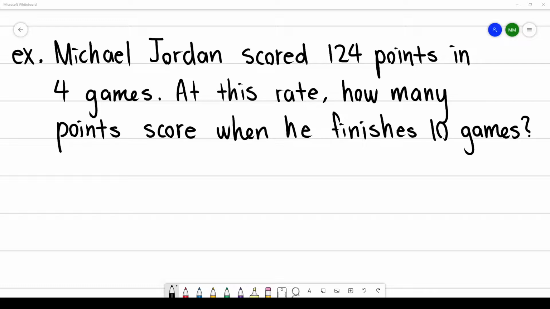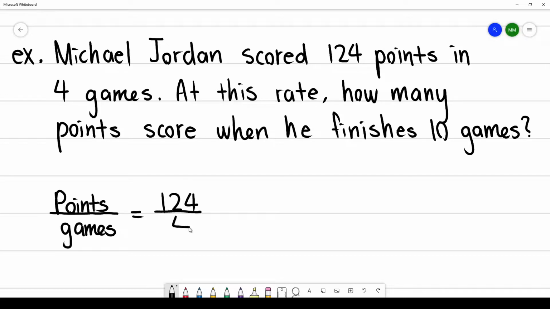Yeah. So I guess I would do it in different ways actually. So the first way is, I think, how many of you did it. You put the points over games, and that is equal to 124 over 4.